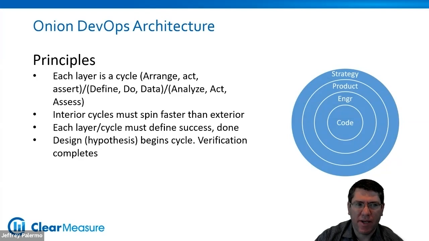All right, so I introduced Onion DevOps architecture, the principles here on the screen. Each concentric circle, each layer in the Onion model spins at a different speed. Each one represents a cycle, and the interior cycles must spin faster than exterior. So today, we are diving into the code layer right there in the middle.